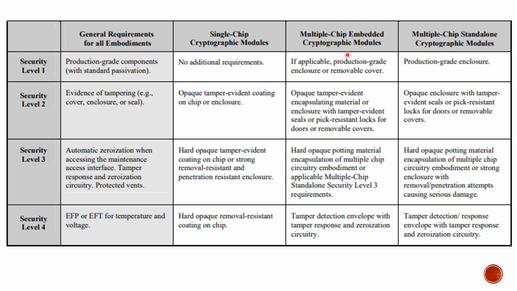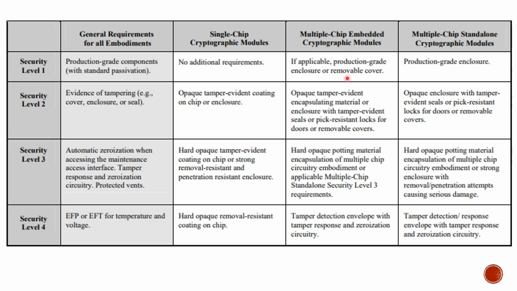Now going on to multi-chip embedded modules. At security level 1, if the module is housed within an enclosure or has a removable cover, these components must be production grade. At level 2, multiple approaches are applied here.